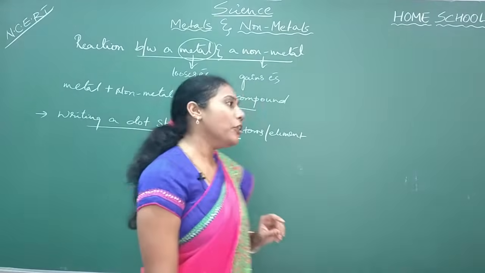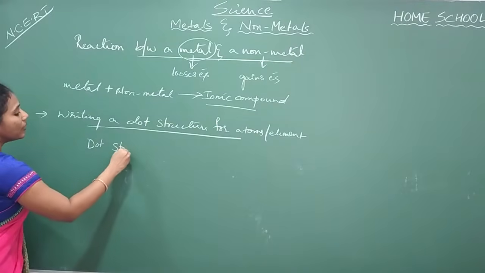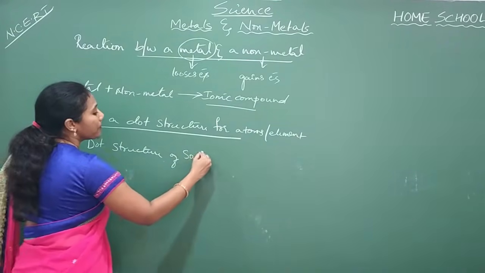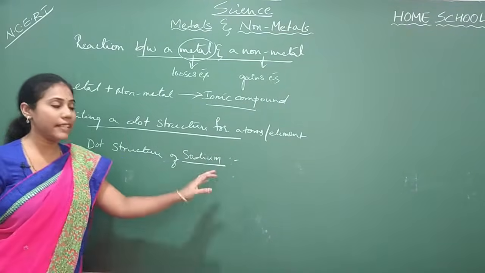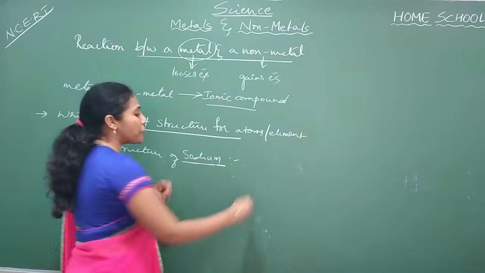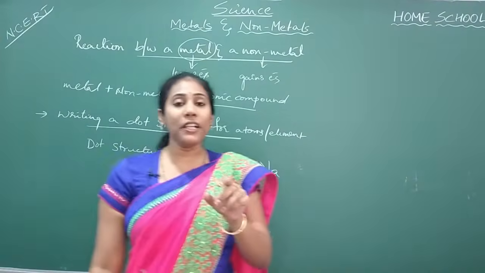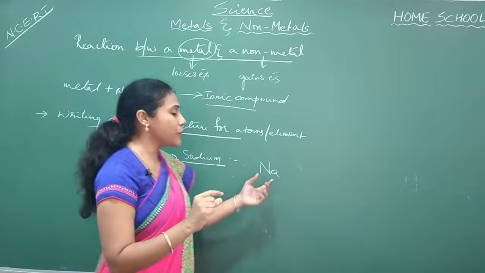Say, for example, the dot structure of sodium. Listen carefully. Put its symbol. What is the symbol of sodium? Na. And try to figure out how many valence electrons are there in sodium.